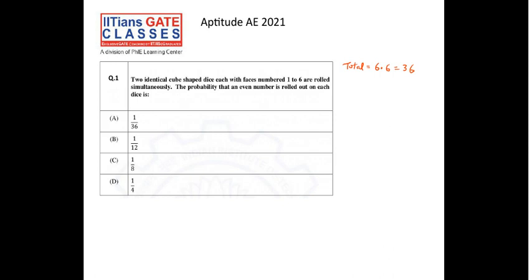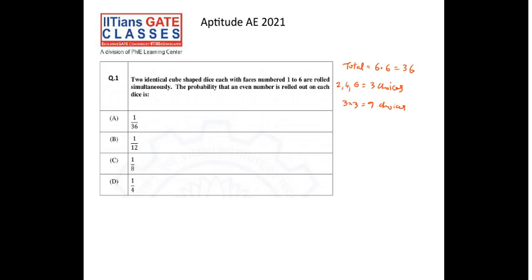Now, for even numbers, the choices that we have are 2, 4, and 6, which are 3 choices. And since there are two dice, we have 3 into 3, which is 9 choices in total.